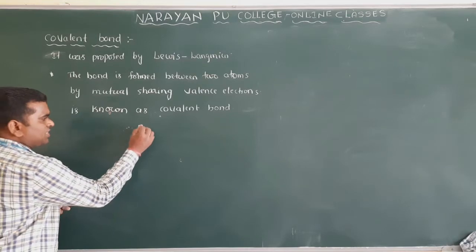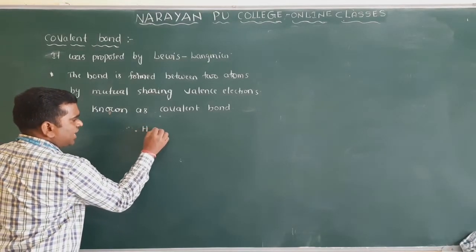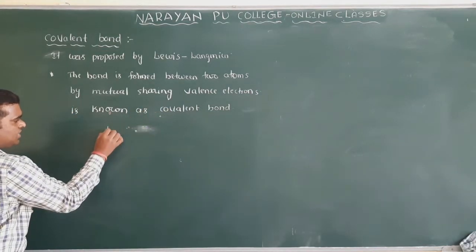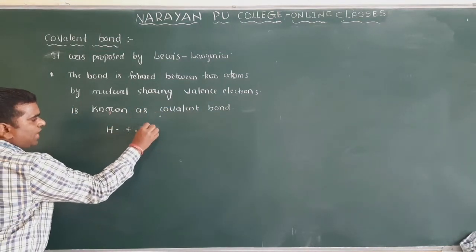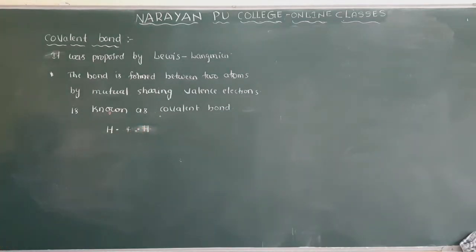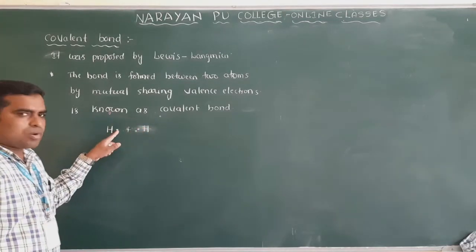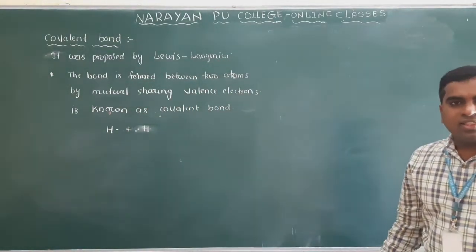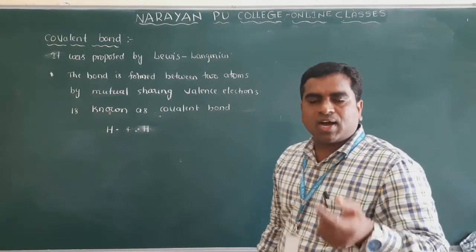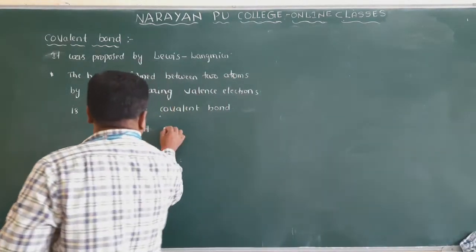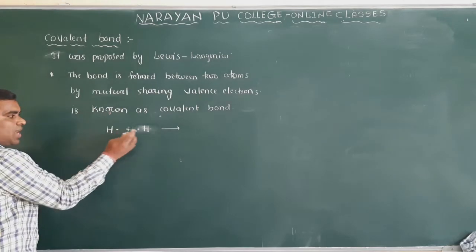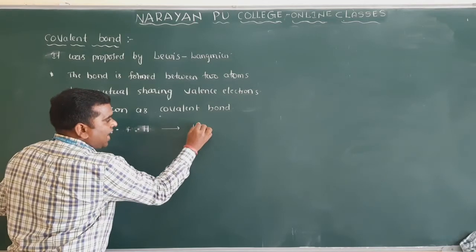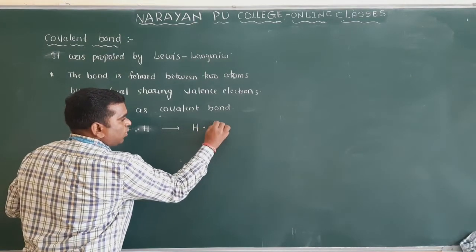I already mentioned a simple example. Take hydrogen, which has one valence electron, and another hydrogen also has one valence electron. One electron means an unpaired electron, so those atoms are not stable. To get stability, they should attain either a doublet or an octet. So each hydrogen gives one electron and they share those two electrons.